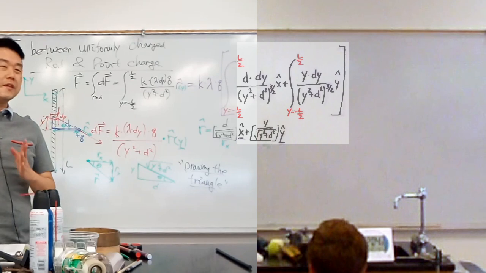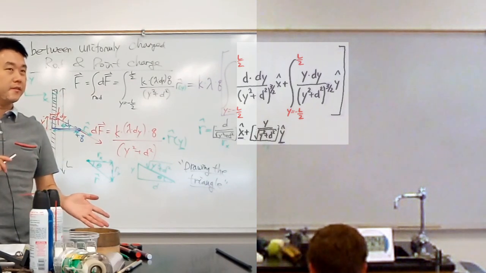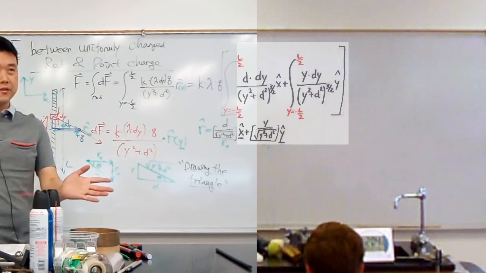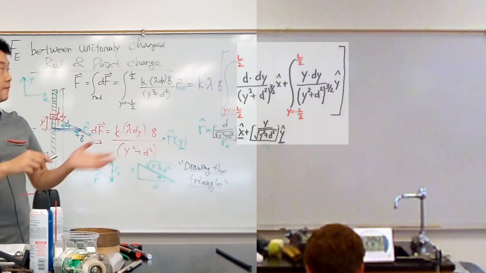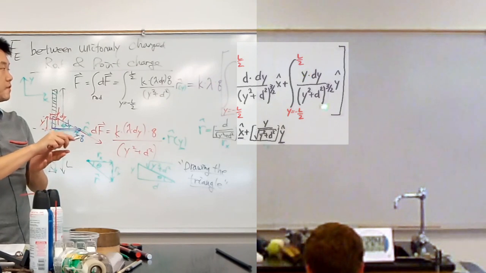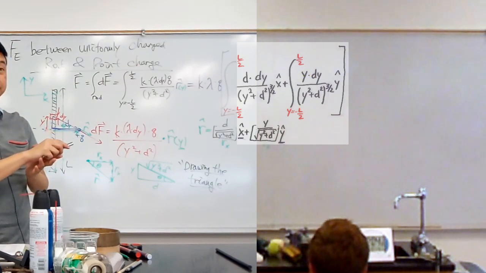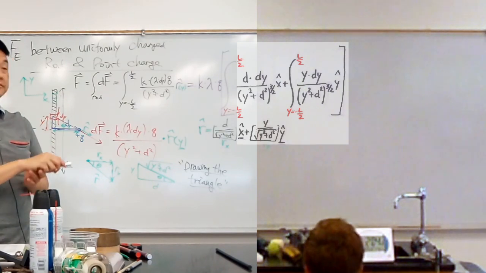Do you guys remember the whole even, odd integrand when you are integrating over an even interval? Yes? Okay, so here, this is an even integrand. Fine. Are you guys convinced that this is an odd integrand? Y over all of this.